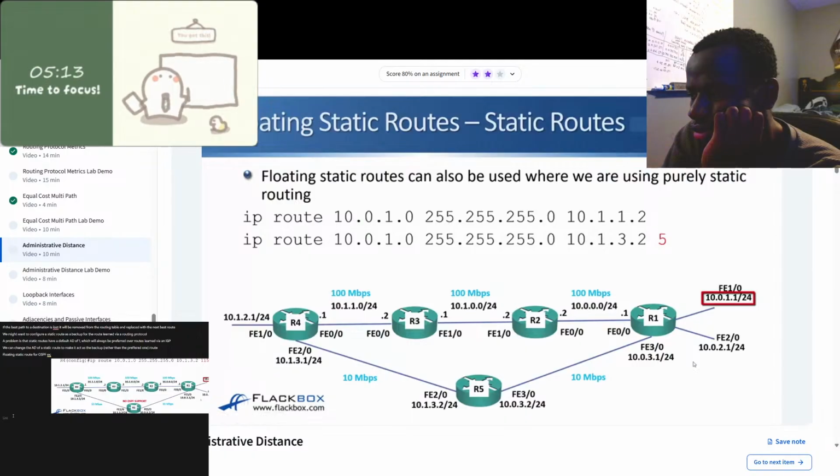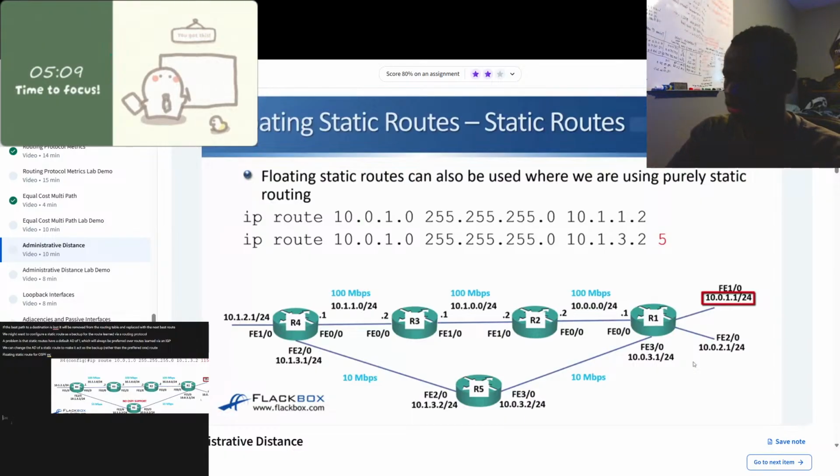Another example, you can also use floating static routes where you're using static routes only. So here again on R4, I could have first choice going to 10.1.1.2, which is on R3. I could have my second choice for the 10.0.1 network going to 10.1.3.2, which is on R5.